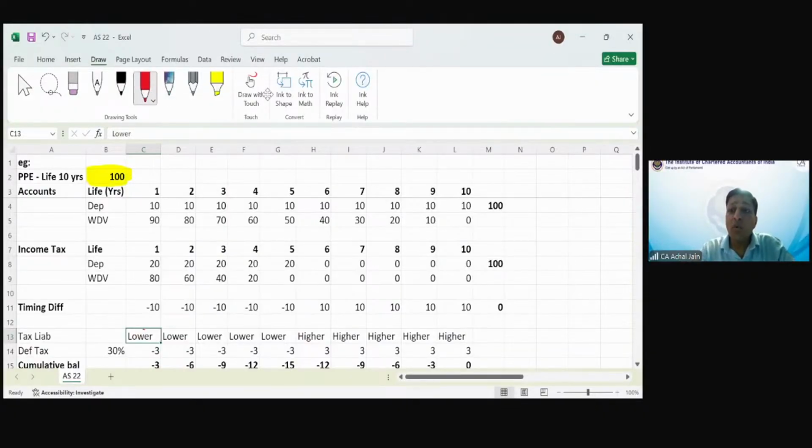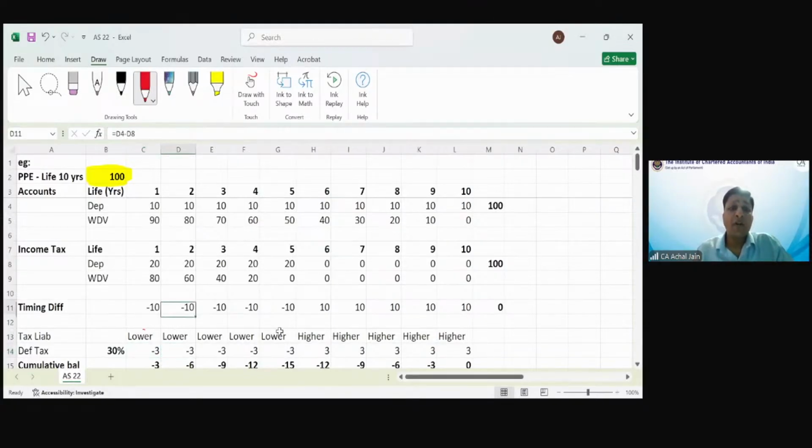If I charge more depreciation, will my tax liability go down? Yes. So if I consider a tax rate of 30%, I'll pay lower tax by rupees 3 in the first year. Correct?